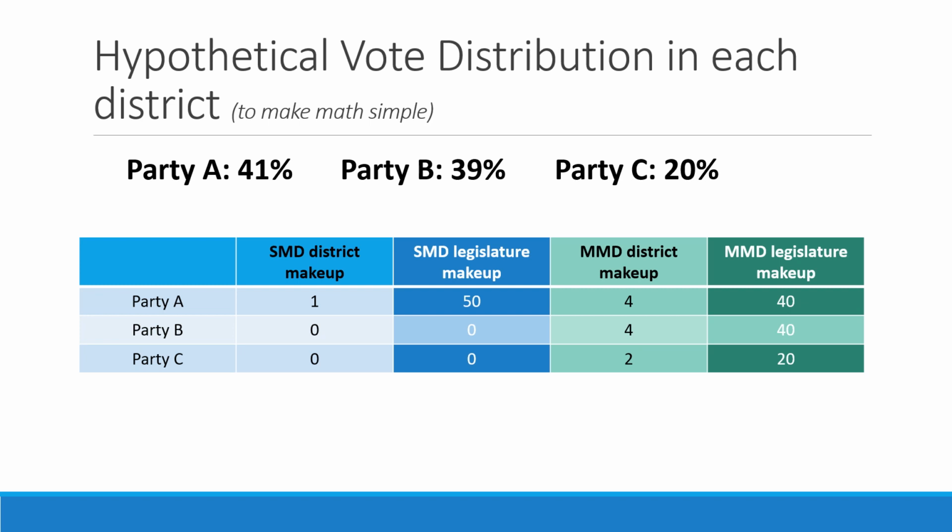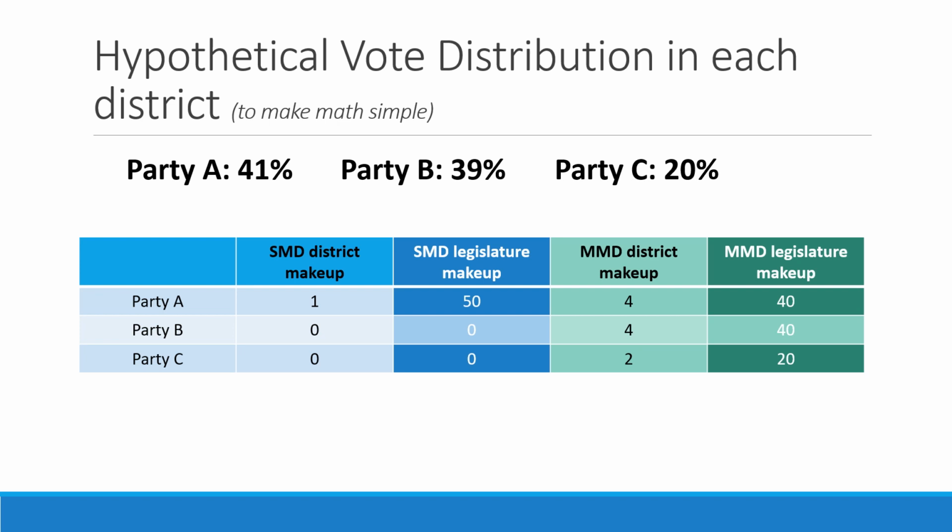To make the math especially simple, let's assume that in each district in our hypothetical country, no matter how small or large, we have the following distribution of votes. Party A gets 41%, Party B gets 39%, and Party C gets 20%. If that was the distribution of the vote in all of the districts in the single member district system, then Party A would win each district.